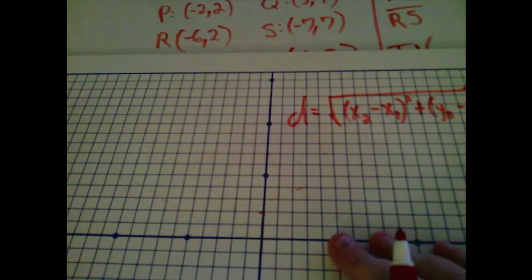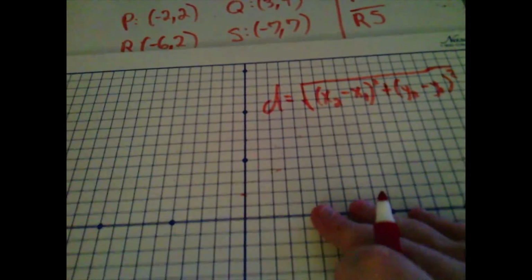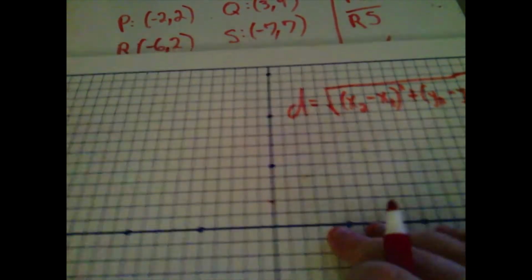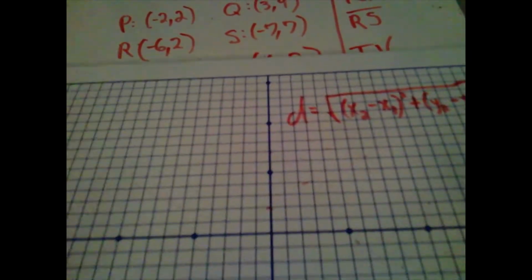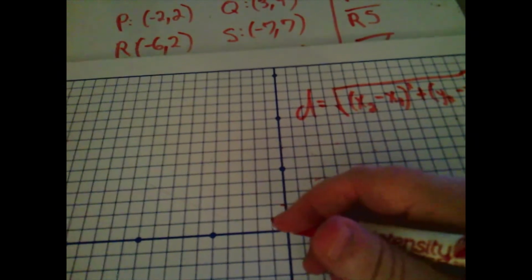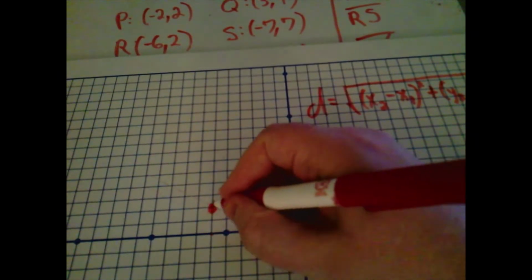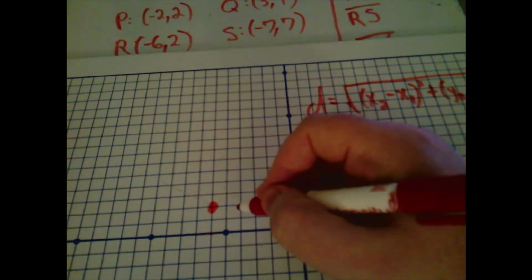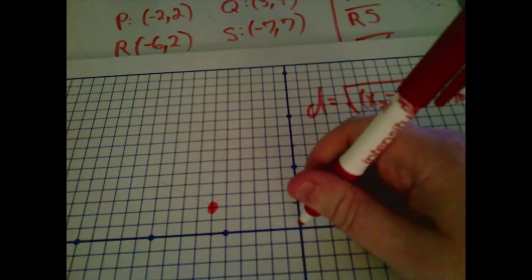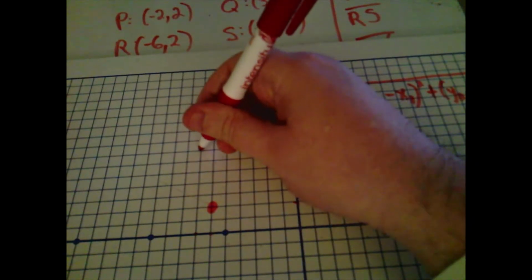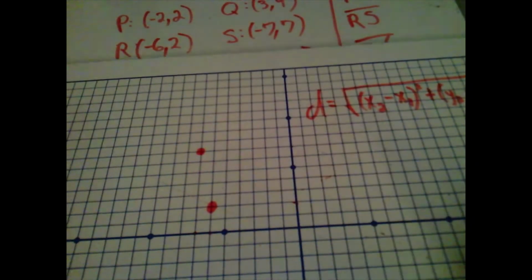Let's go ahead and find out what RS is. I'm going to plot this one and do the same thing, and then I'm going to skip the plotting for TV and just use the formula. For this one, -6, 2, that's our first point. That is R, and S is -7, 7. It's right around there.